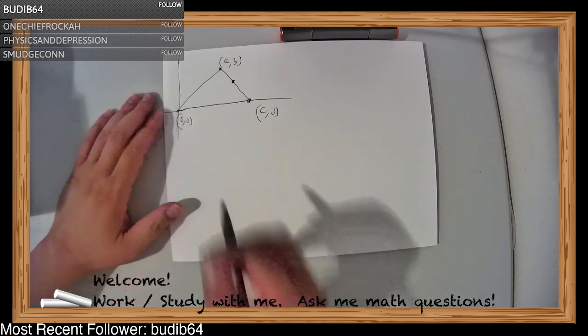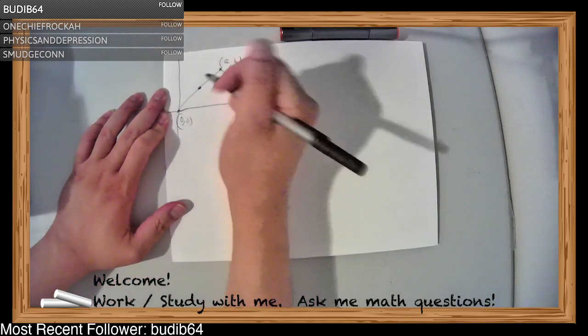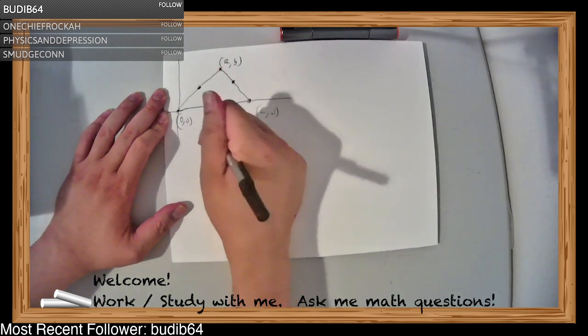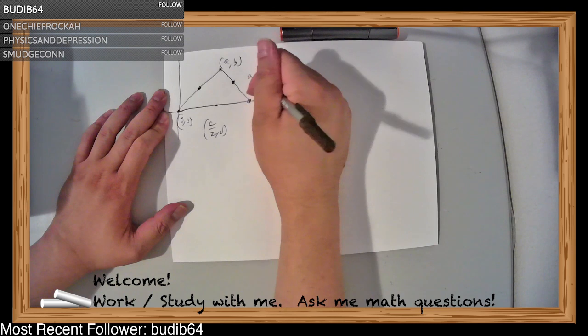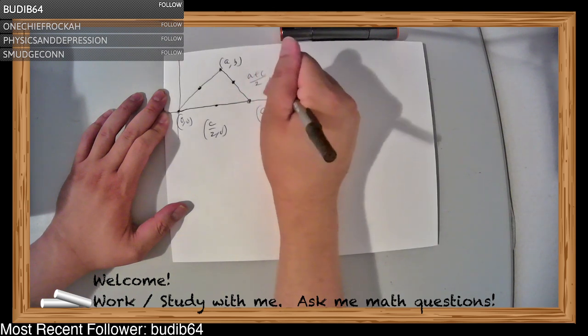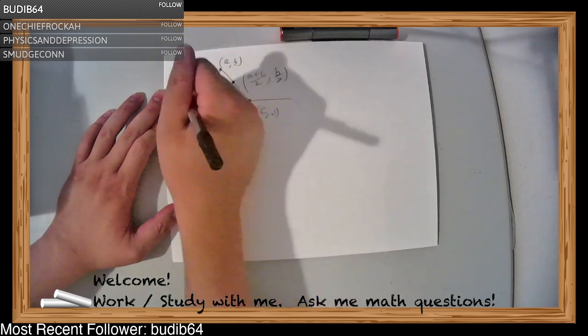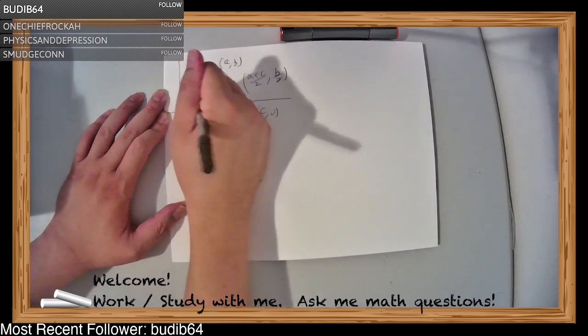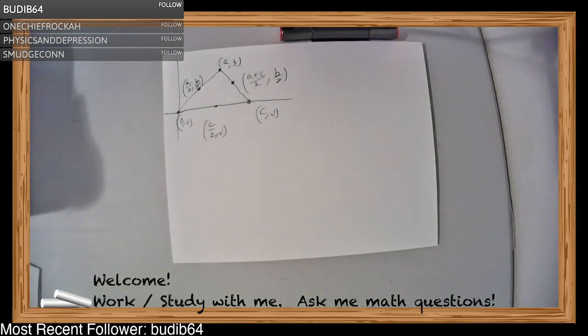Yeah, okay. Let's just find all the midpoints first. This is C over 2, 0. This one is A plus C over 2, B over 2. This one is A over 2, B over 2. Okay, so we got all that.